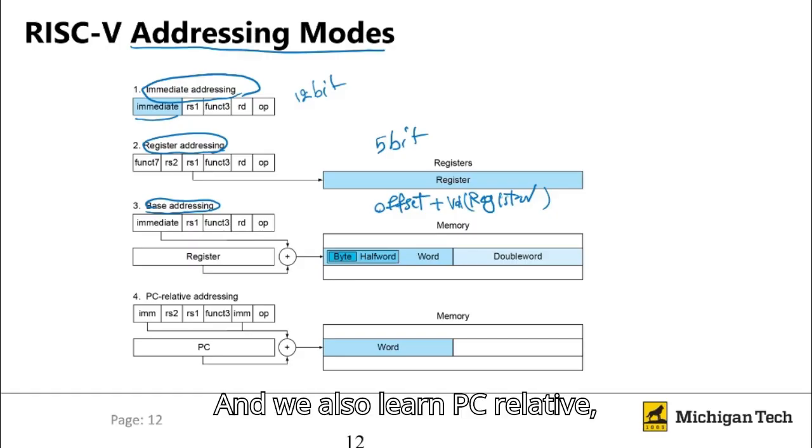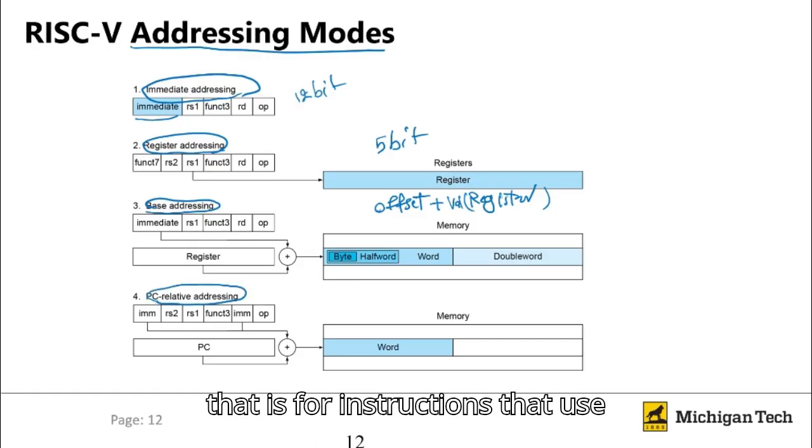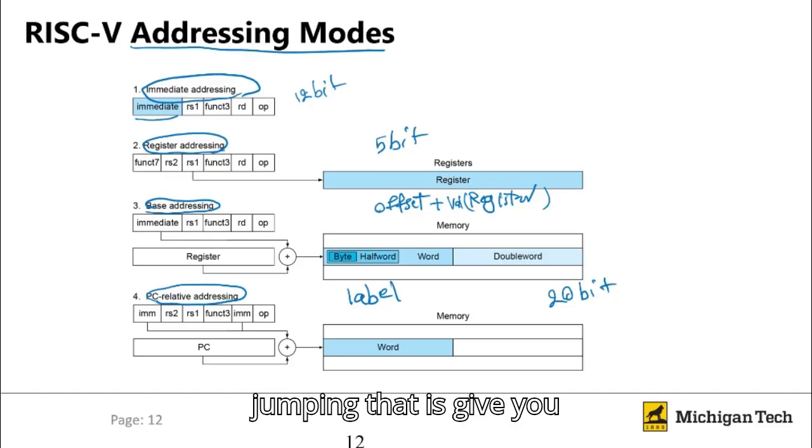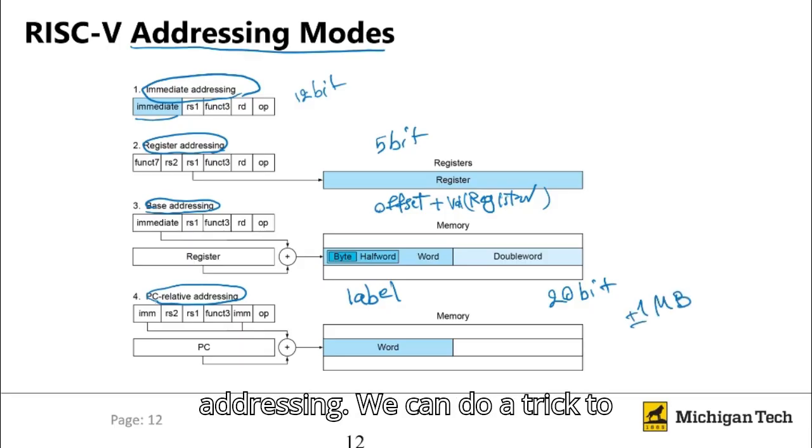And we also learned PC relative, that is for instructions that use a label. In this case, you can have actually a 20-bit jumping, that gives you plus or minus 1 megabyte addressing.